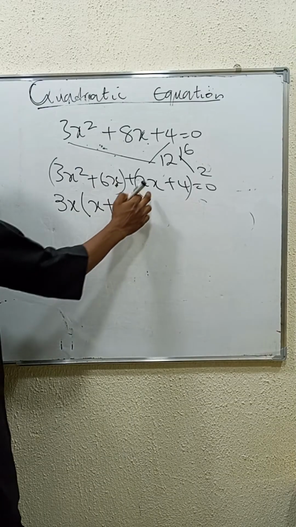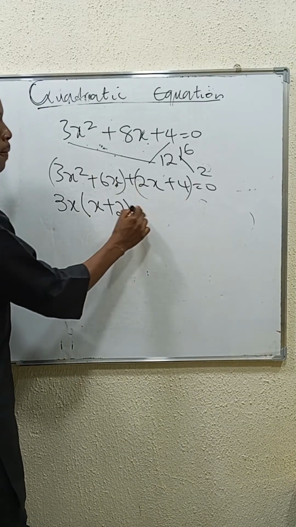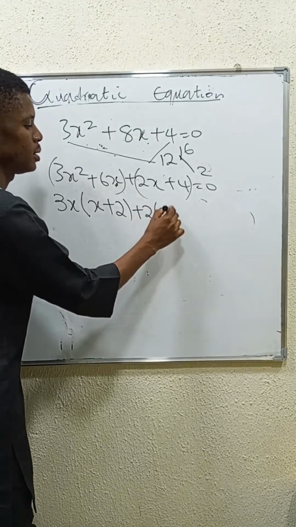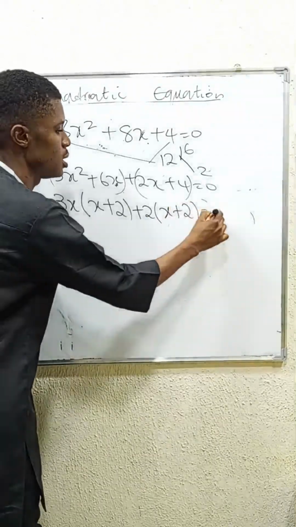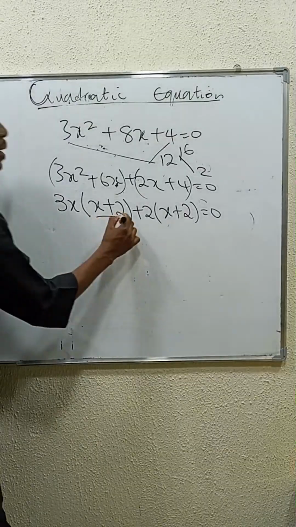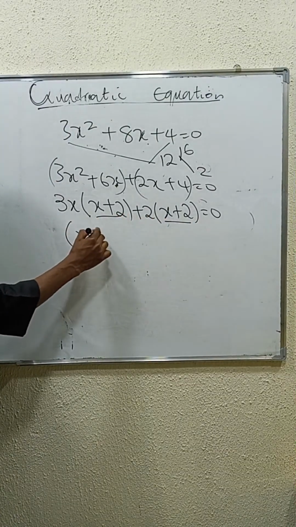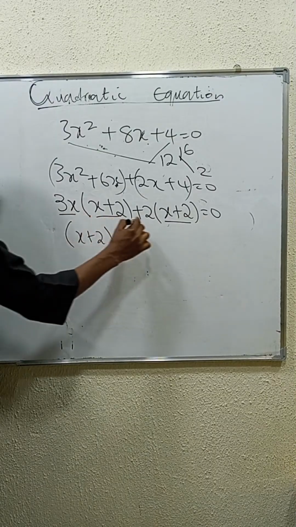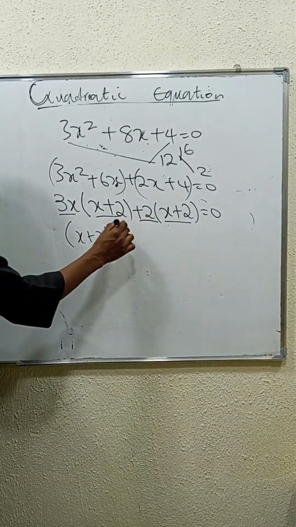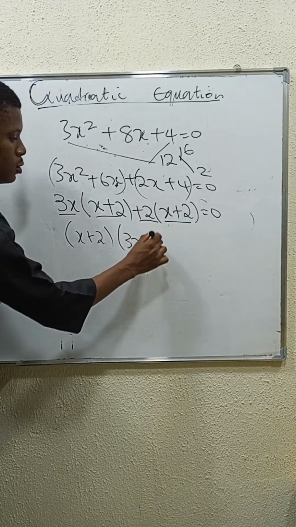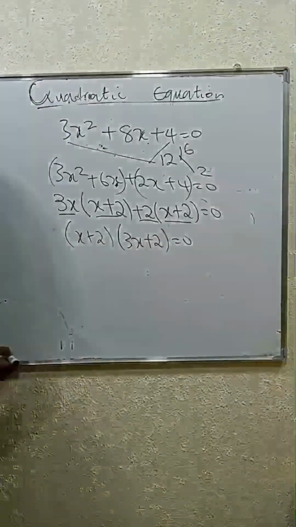Then for the next one, you factor the common term 2, and you are left with x plus 2 is 0. This bracket and this bracket are the same. Now form a union bracket, x plus 2. Then use 3x and 2 to form a new bracket. You have 3x plus 2, and that's 0.